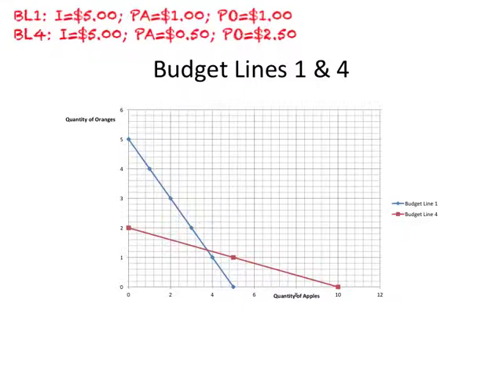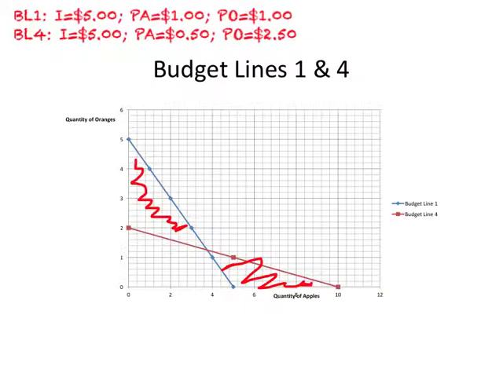What can you say about consumption choices between BL1 and BL4? Where do you have more consumption choices? If you look at this, you find here this triangle represents more consumption choices under BL4 relative to BL1. What about this part of the triangle? This represents more consumption choices under BL1 relative to BL4.